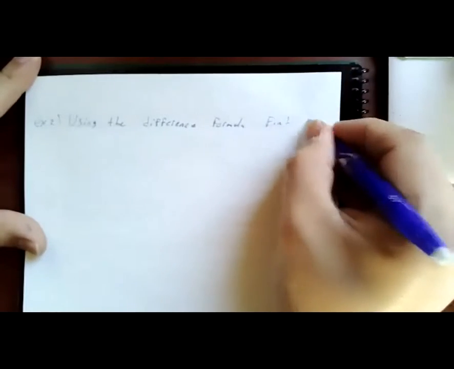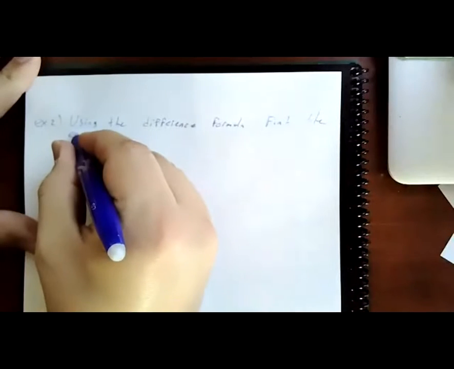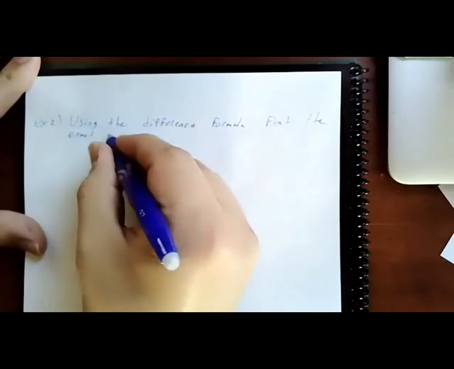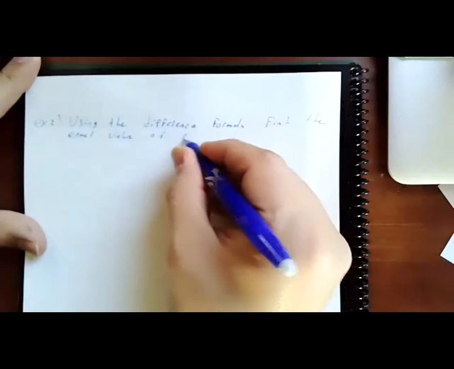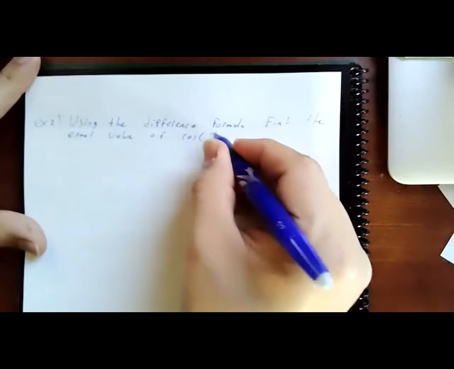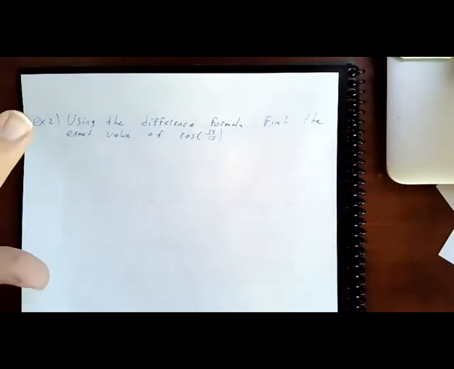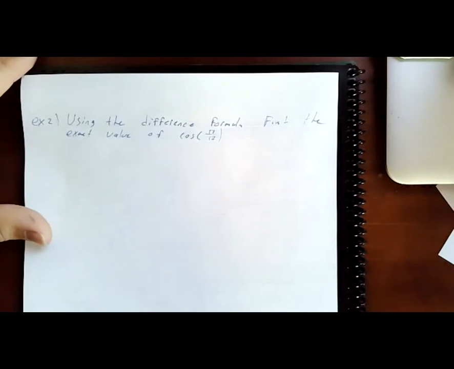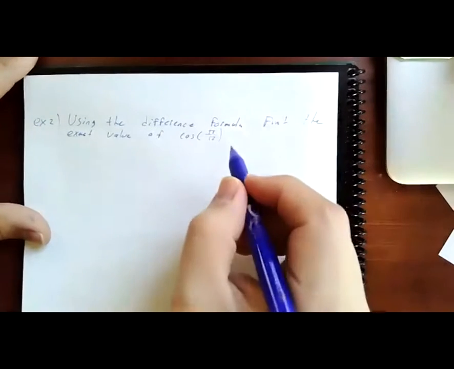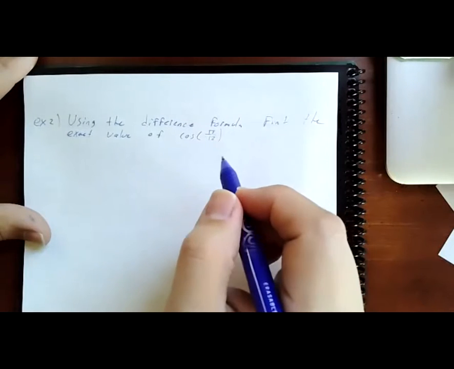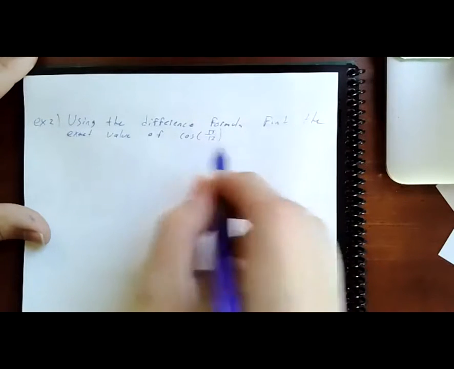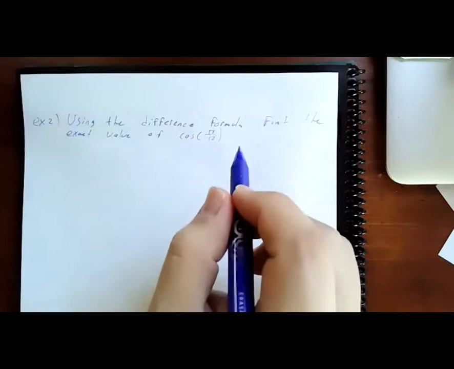Find the exact value of cosine pi over 12. So see how this one's not as obvious, right? How would we break that down into two angles on the circle?